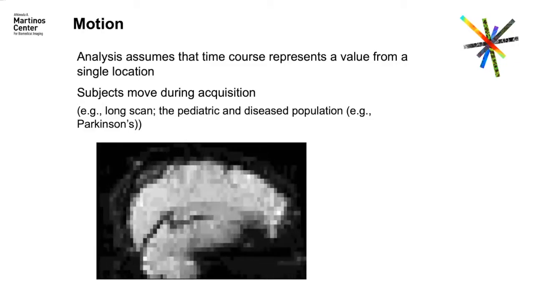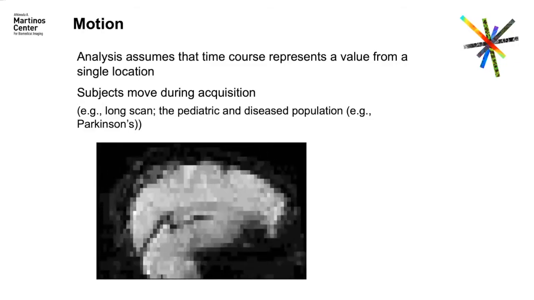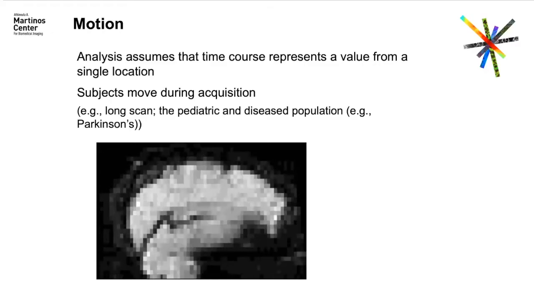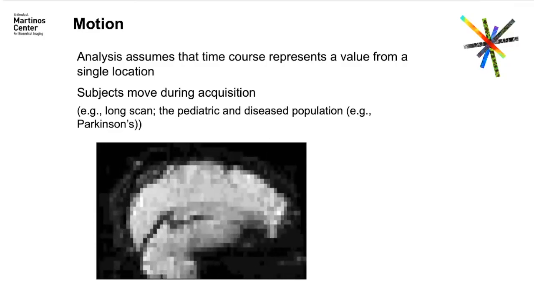So most of the analyses assume that a time course always represents a value from a single location. So the same time course comes from the same voxel.